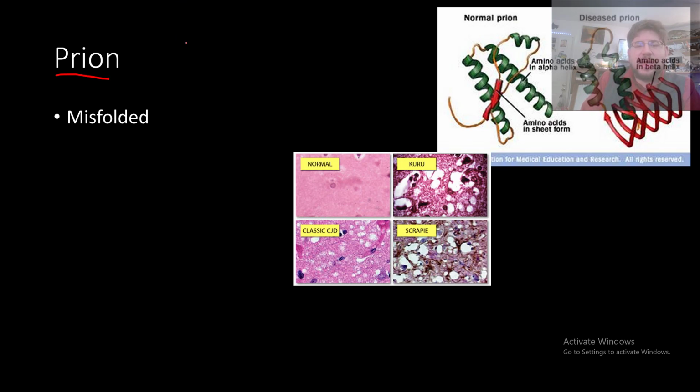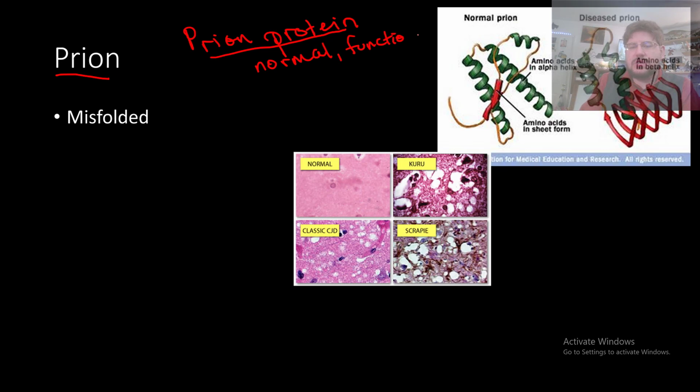So, first off, we have to talk about prion protein. Prion protein is a name given to a normal, functional protein in the body. There's a gene for human prion protein, and that gene codes for a normal, functional protein that does its specific job.